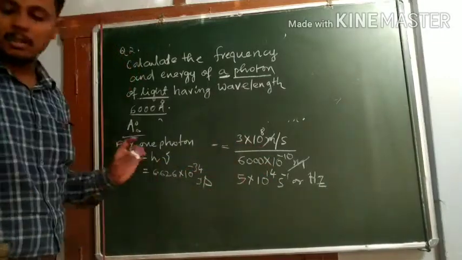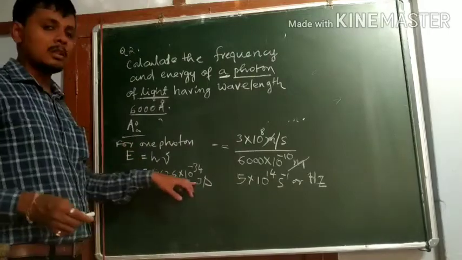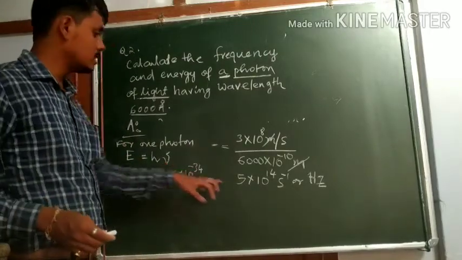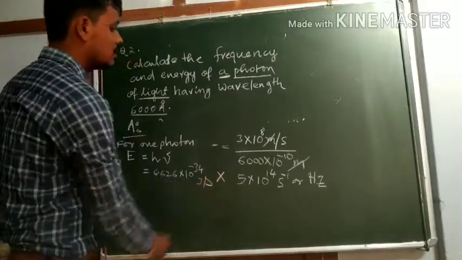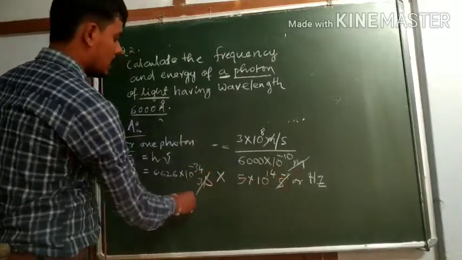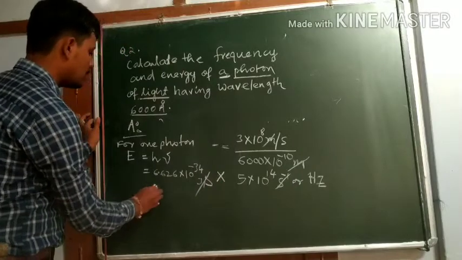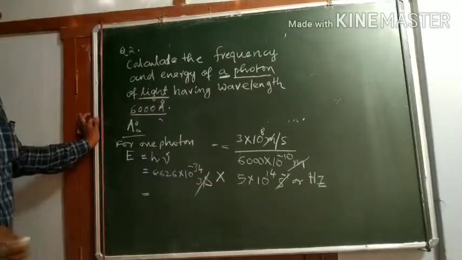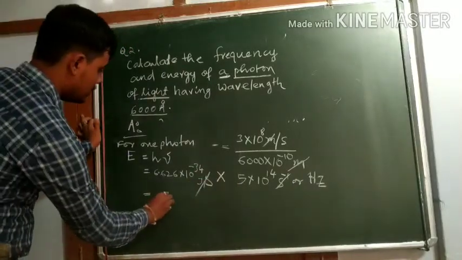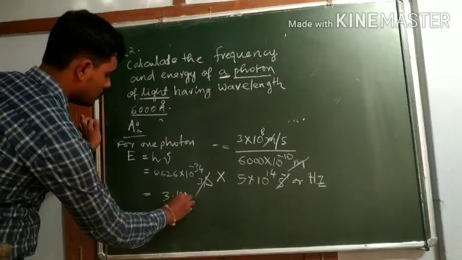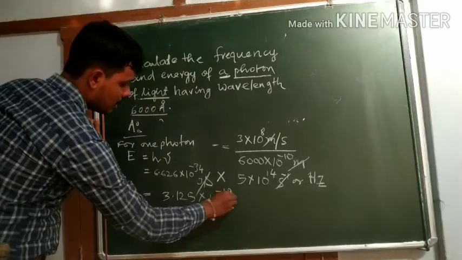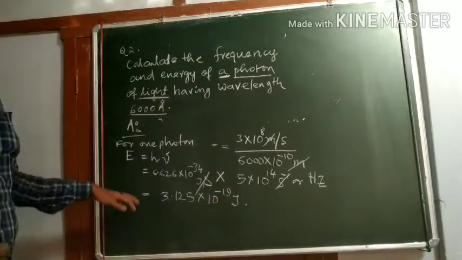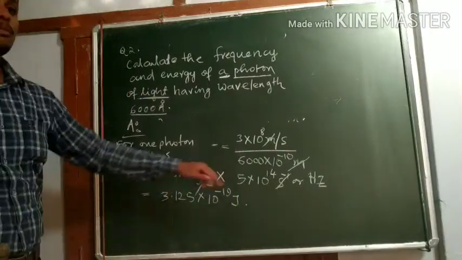So we multiply these two. Per second and second are gone, and when we multiply, the answer we get is 3.125 into 10 to the power minus 19 joule. So this is the energy of the photon from the frequency.